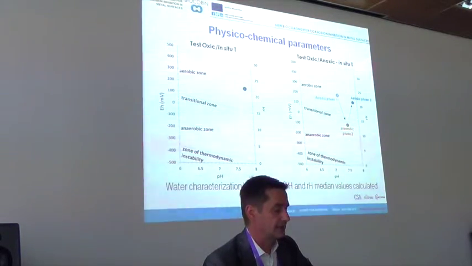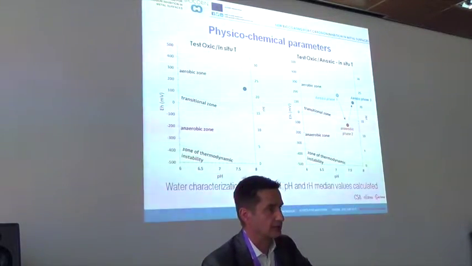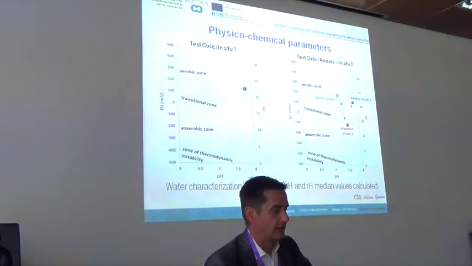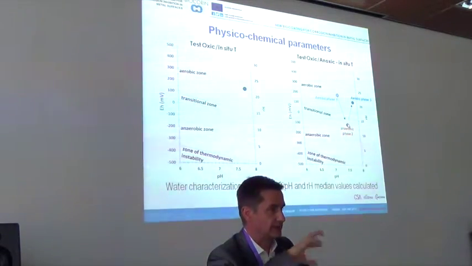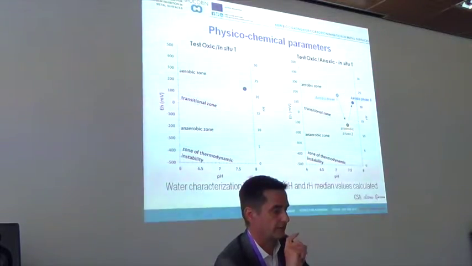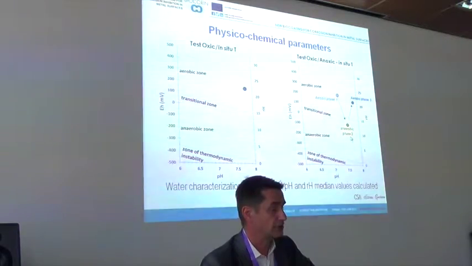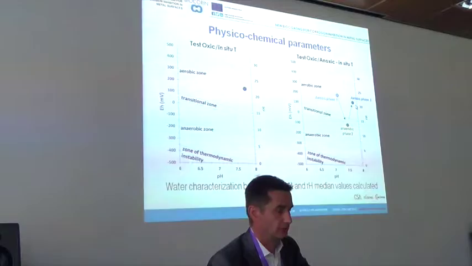And on the right you can see the physico-chemical parameters of the test oxic and anoxic alternating, because we have step 1 in aerobic condition, and then the environment of the sample passes through an anaerobic condition in phase 2 and again in aerobic condition.